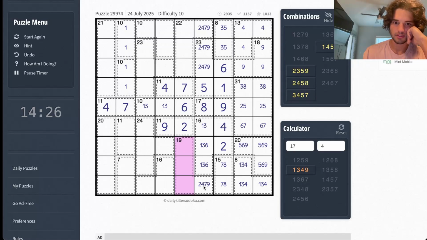Or it'd have to be 7. Could this be a 9 here? 1, 4, 5, it could be. 5 here.